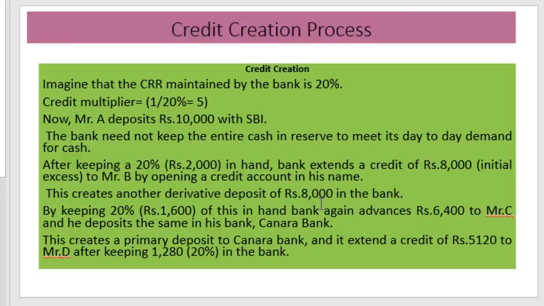That is, after keeping 20% of 8,000, that is 1,600, 6,400 can be given as a loan to C. And in the same way, he deposits the amount with the bank, or he can deposit with another bank in their place. And this process will go on.